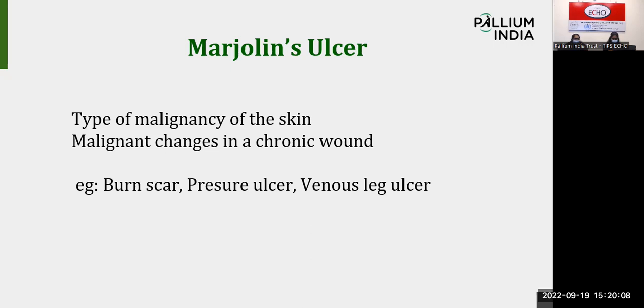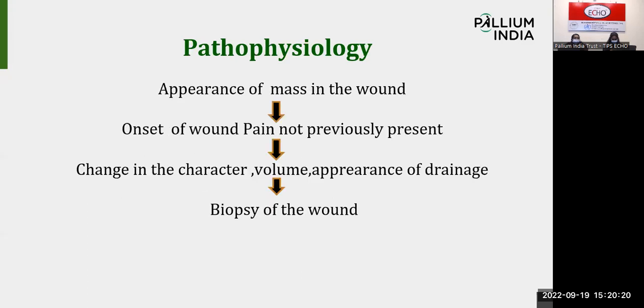Sometimes cancer can develop from these kinds of wounds. The malignant changes come from the chronic wound, and that is Marjolin's ulcer. The pathophysiology is a little bit different. There is an appearance of a mass in the wound that looks like granulation tissue.